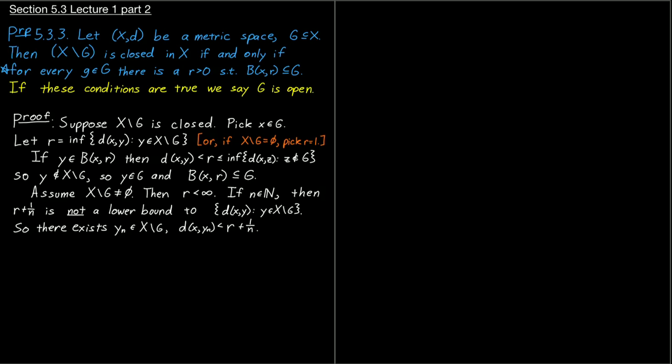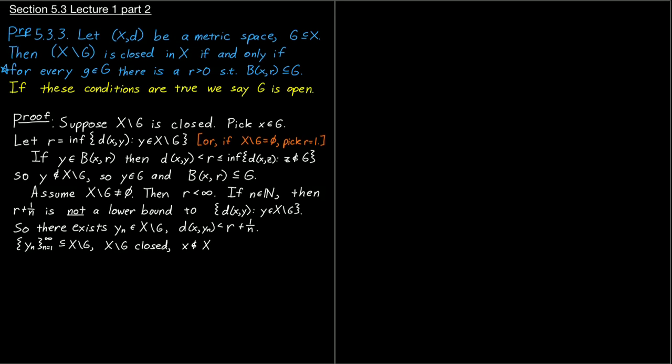All right, now let's think about the y_n's. The sequence of y_n's, we've got a list of points, we can make them a sequence. This is in X minus G. X minus G is closed.